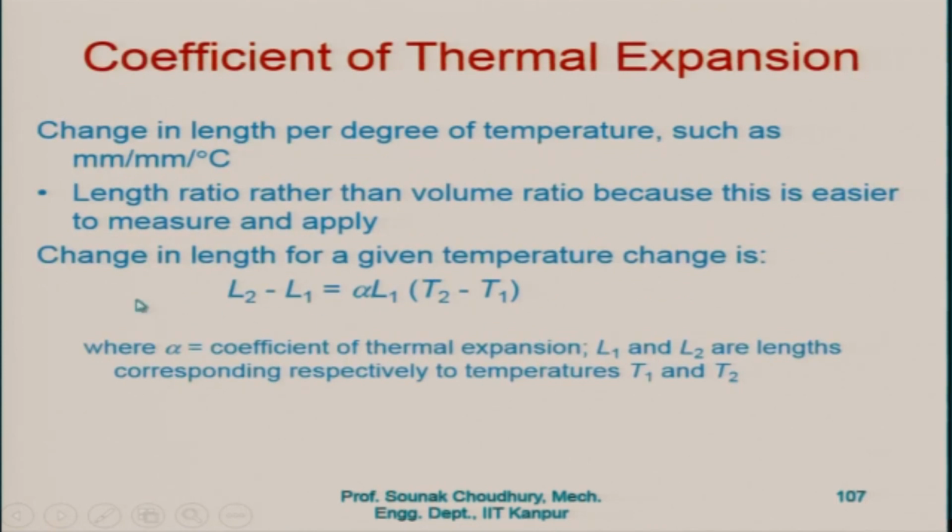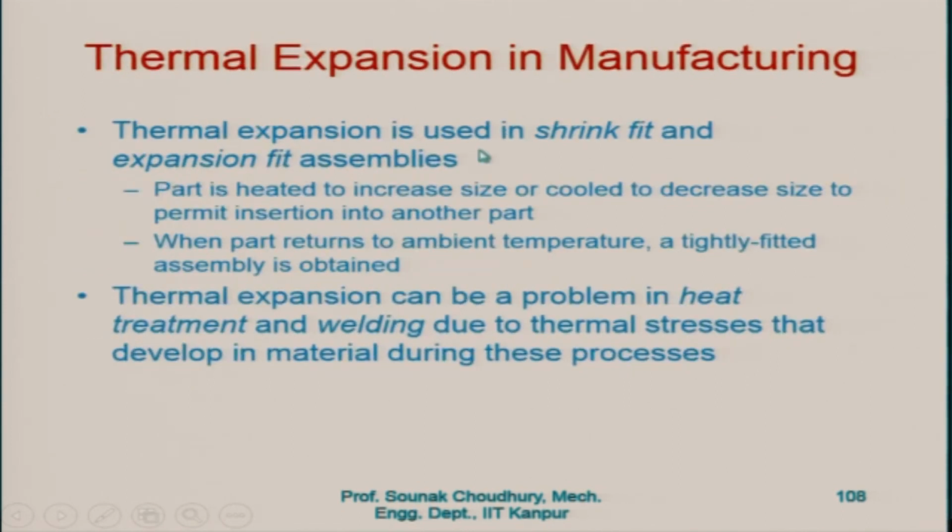It is given by this formula, which is the change in length for a given temperature change. Here L1 and L2 are the lengths corresponding to the respective temperatures T1 and T2. Thermal expansion in manufacturing is used in the shrink fit.